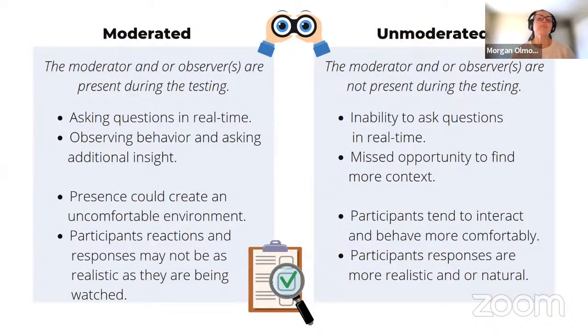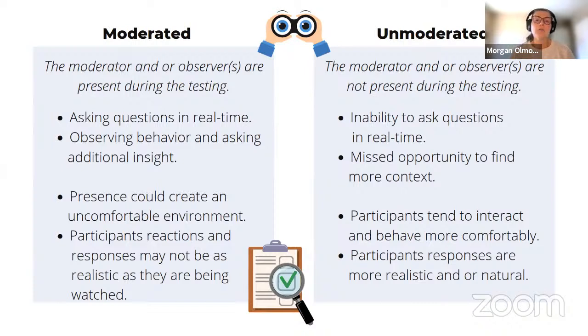So on the flip side, we have unmoderated usability testing, which is essentially the opposite. The moderator and/or observers are not present during this test. The participant simply knows that the session is being recorded, and that's it. But nobody is watching and nobody is interacting in real time.